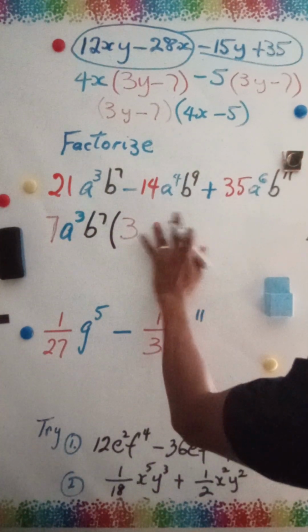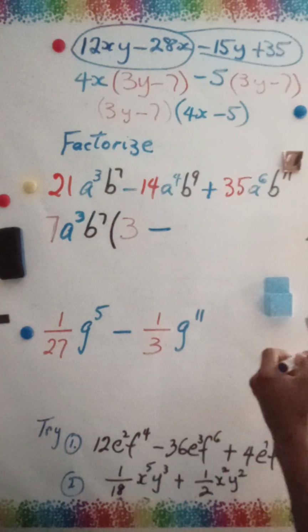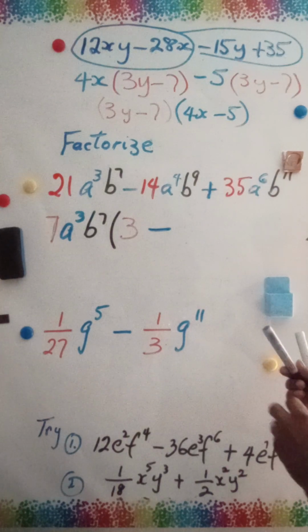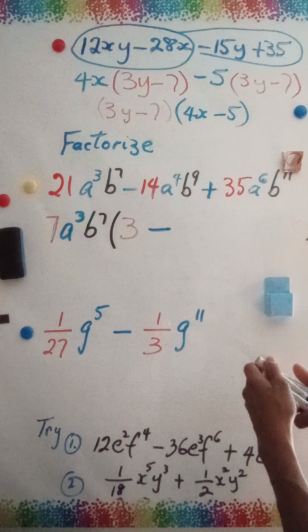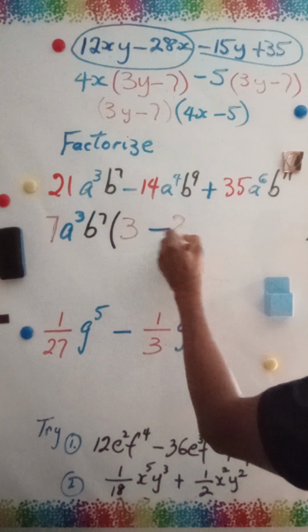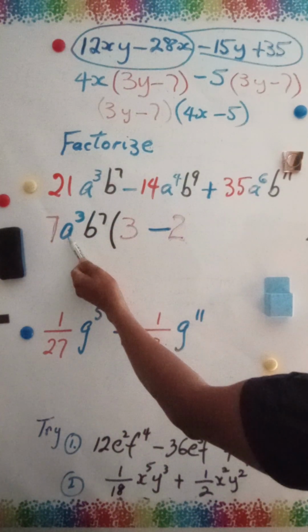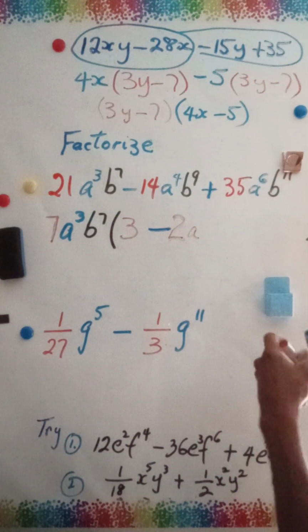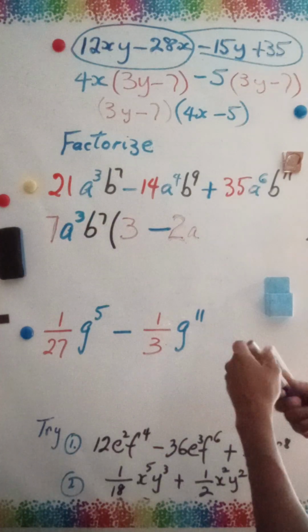Let's go and see what we're going to have in the second one now. How many 7s are there in 14? That's 2, right? 2, 2. And what is a cubed into a to the 4th? That's a, because I'm going to try to color code that.